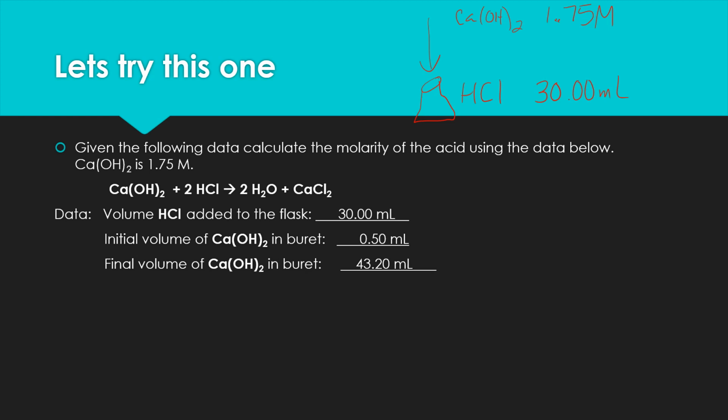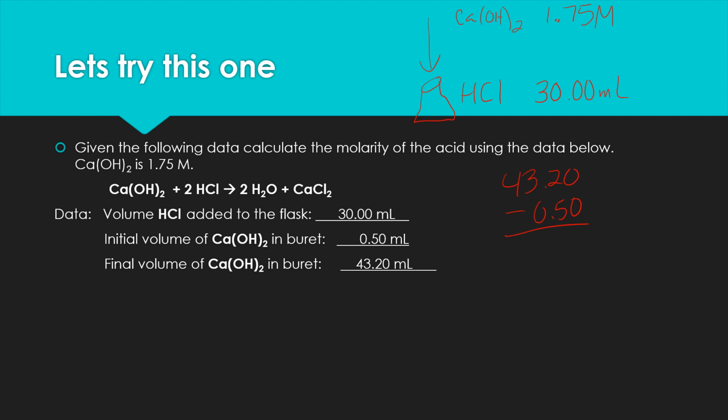And then we have some data here. So it says our initial and final volumes of calcium hydroxide in the burette. Now, so it's initially at 0.5 and it ends at 43.2. So we need to first find the change in volume there. We need to subtract them. So 43.20 minus 0.50.